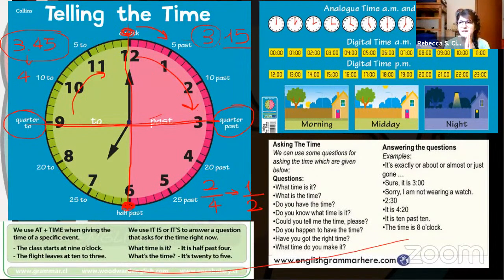Instead of saying, for example, the train leaves, or the exam finishes at 2:47, you can also say it finishes at... you have to count, right? So 47, 48, 49, 50, and then you have to count 13 minutes to the next hour.